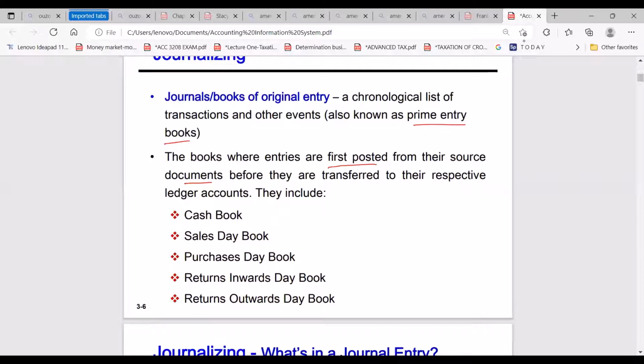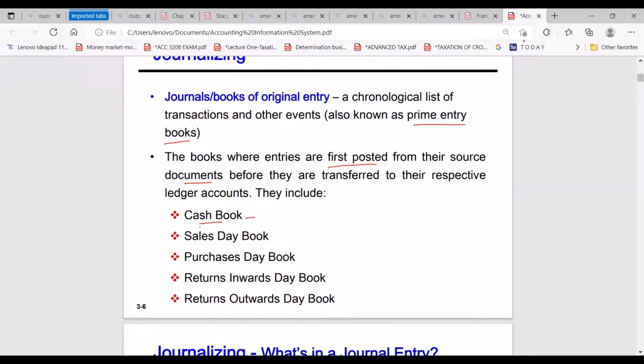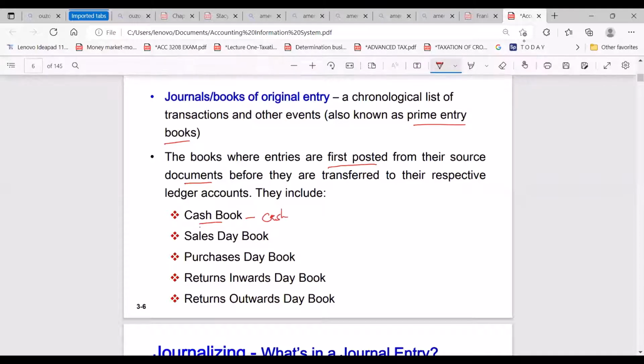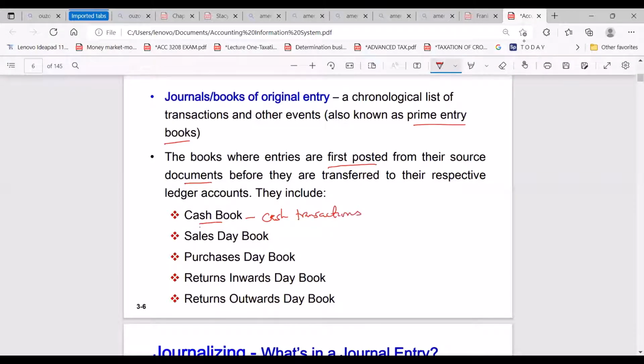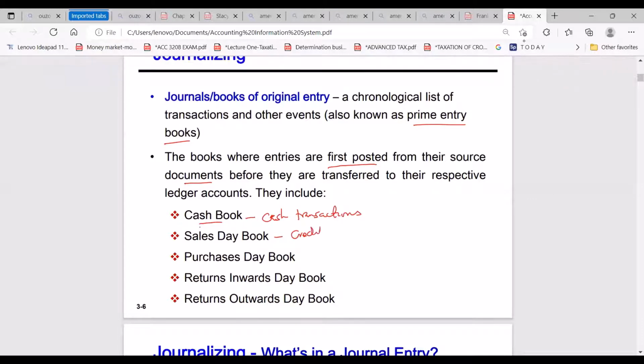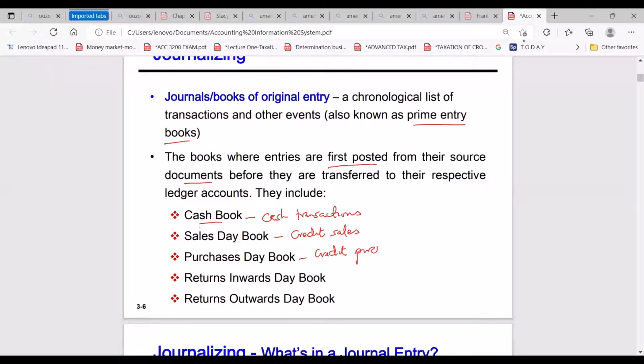The books of original entry therefore include the cash book, which is usually used to record cash transactions. Then the sales day book, which is used to record credit sales transactions. Then the purchases day book, where we record credit purchases transactions.